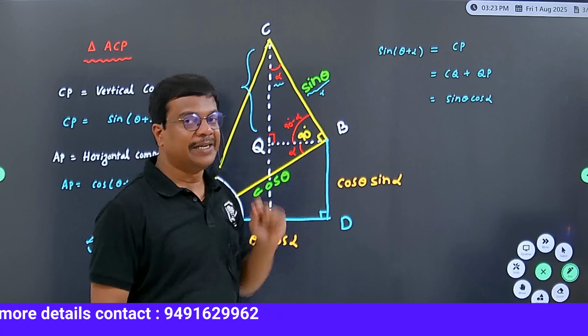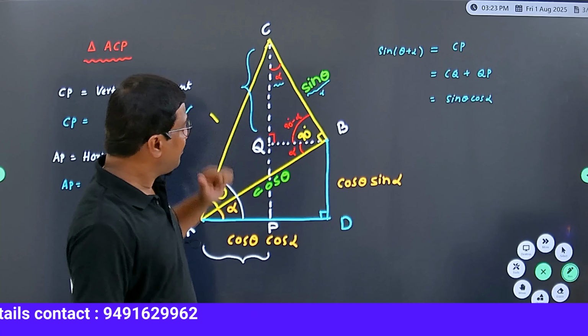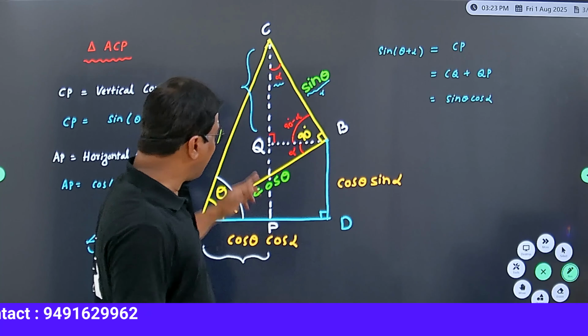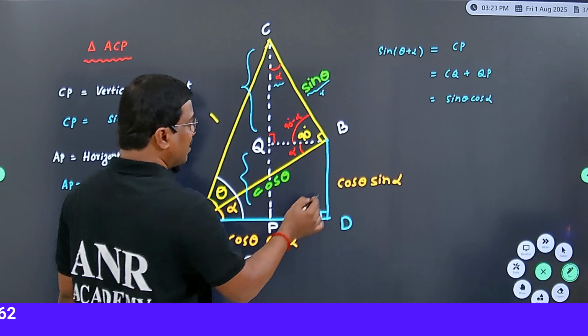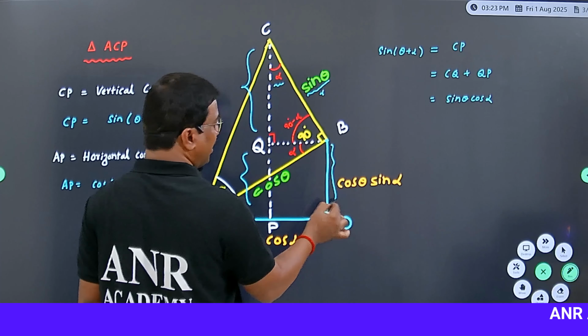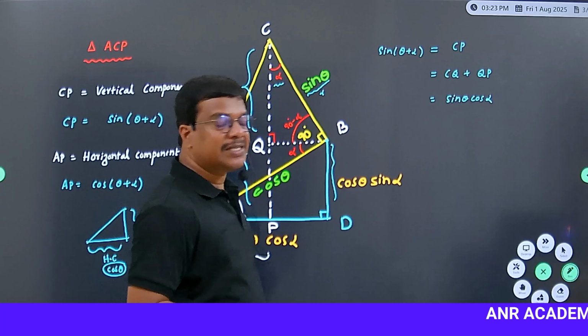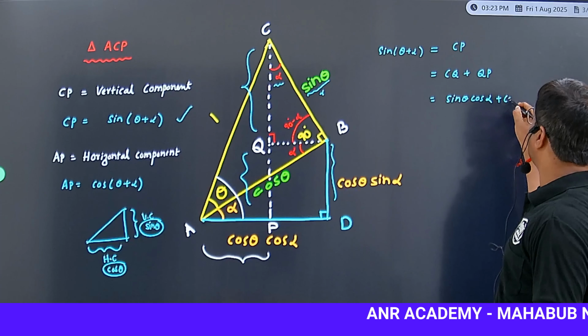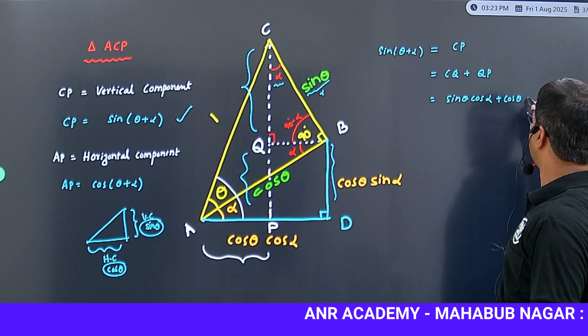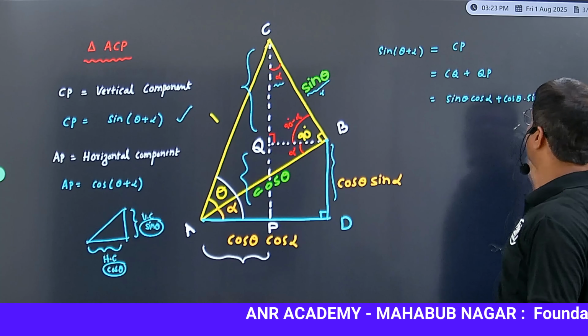So sin theta into cos alpha. But we need Q to P next. Q to P you already have here. Q to P is the same as B to D, and it is cos theta into sin alpha.